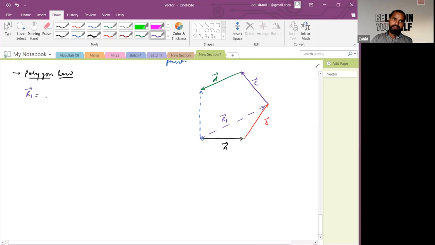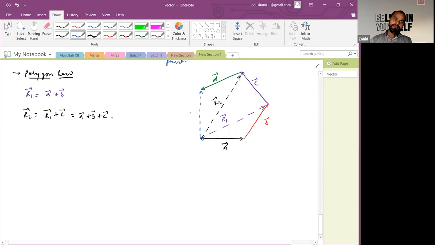Now, if you again join from this point to this point, this will again obey triangle law. So R2 would be equal to R1 plus C. R1 we have calculated as A plus B. So it will be A plus B plus C.